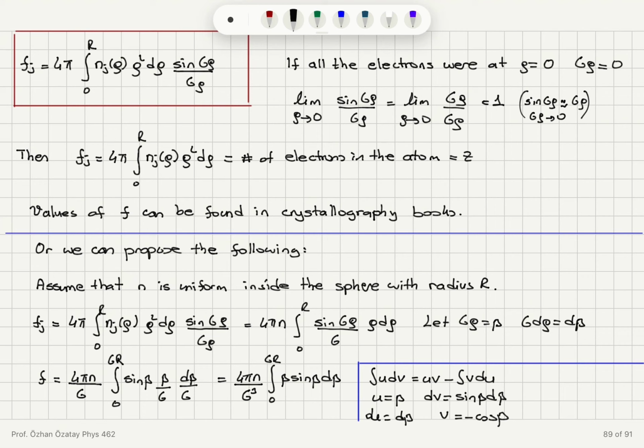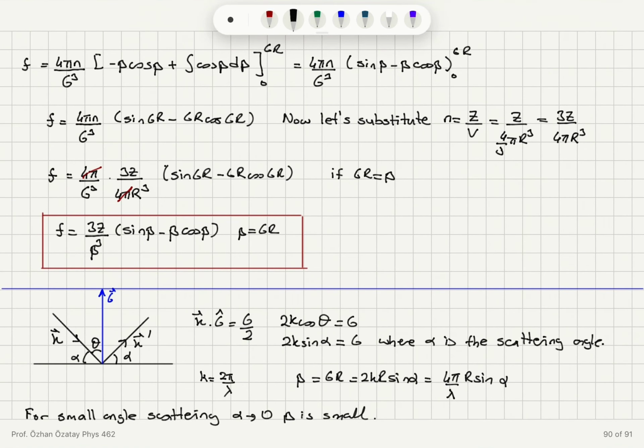These values are tabulated, but for a simple model, if we assume a uniform distribution of electrons, for example, if you consider s orbitals, where we have a spherical distribution of electrons, then we can use the spherical symmetry of the problem, and we find that in the limit, when there is small angle scattering, the atomic form factor becomes exactly equal to z.